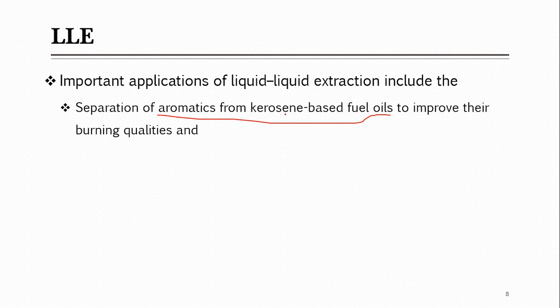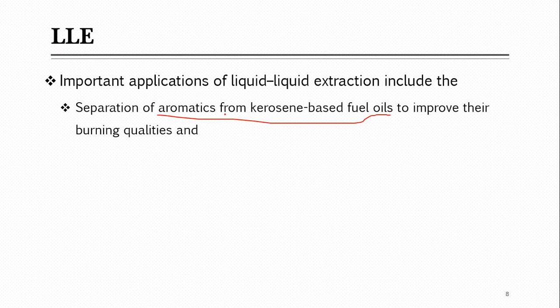Kerosene is a mixture of hydrocarbons, mostly straight chain, and if they are rings, they are saturated ones, but aromatics are unsaturated ones. So now we have to remove them.